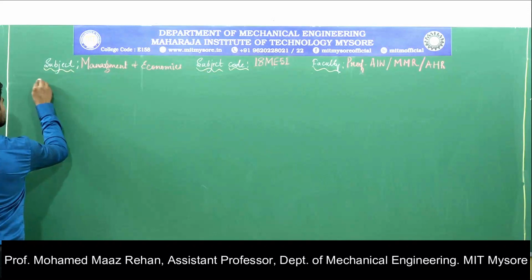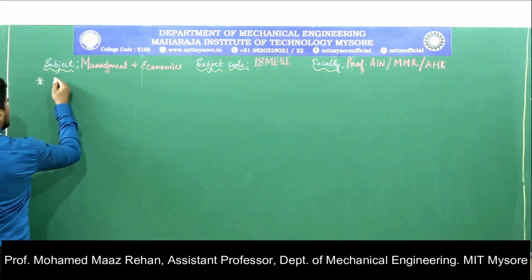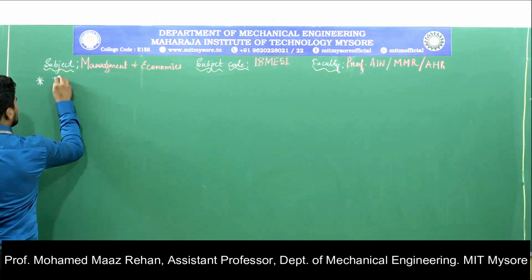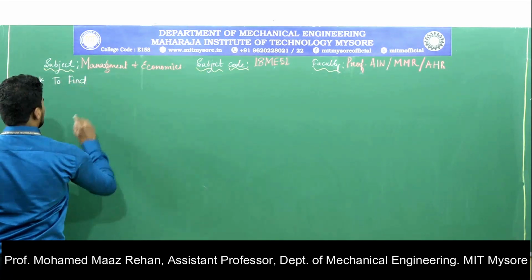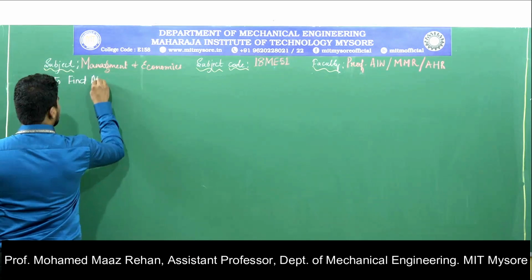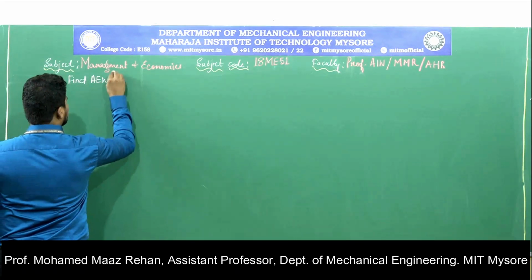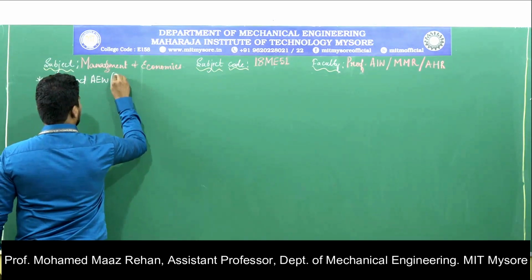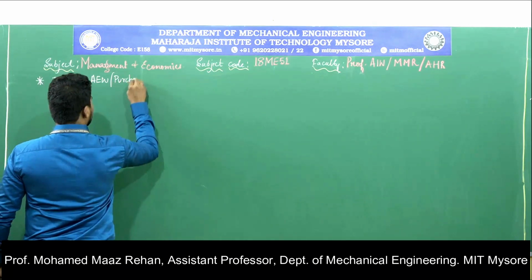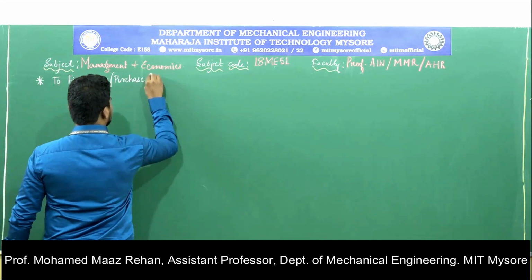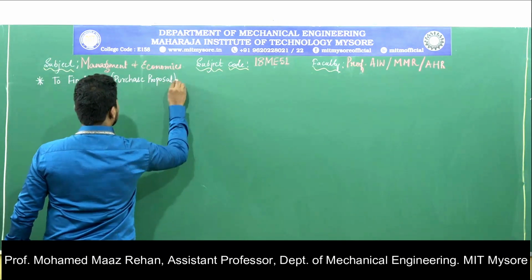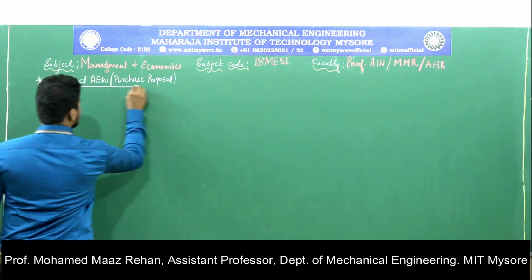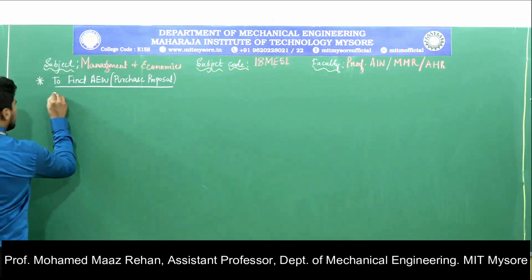Okay, solution for this. We have two proposals. First one is to find the annual equivalent worth of the purchase proposal. So what is the given data?